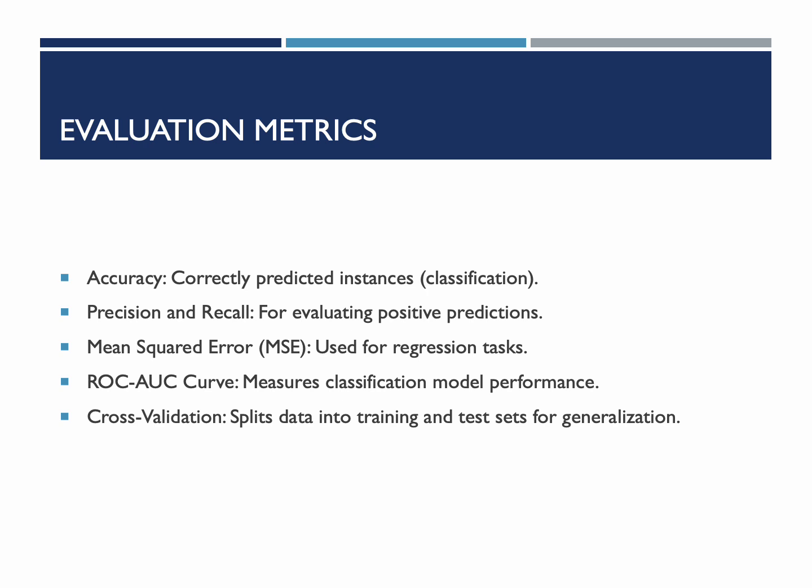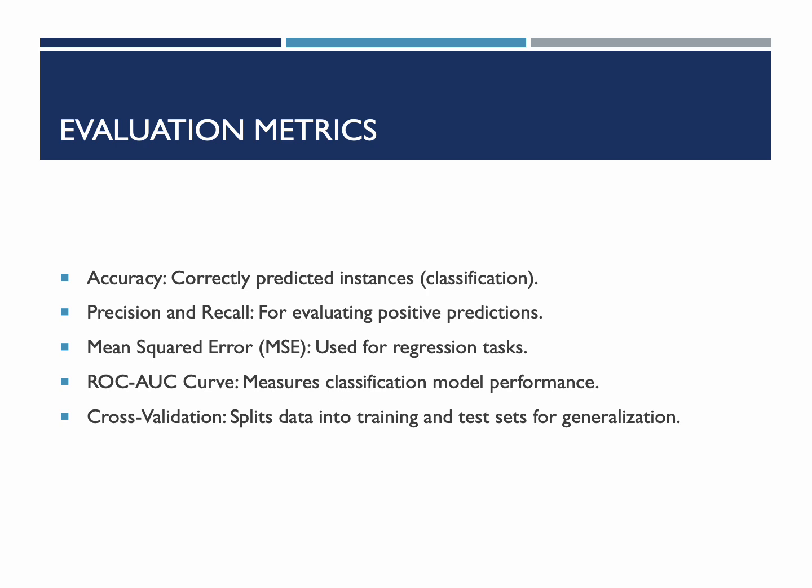Then we have precision and recall. When dealing with imbalanced datasets, metrics like precision and recall are more informative. So what is precision? Precision tells us how many of the positive predictions made by the model were actually correct.